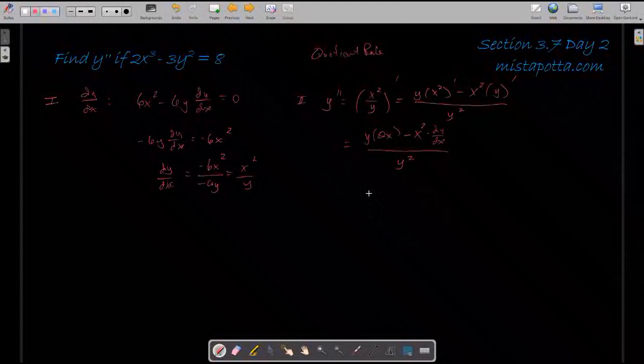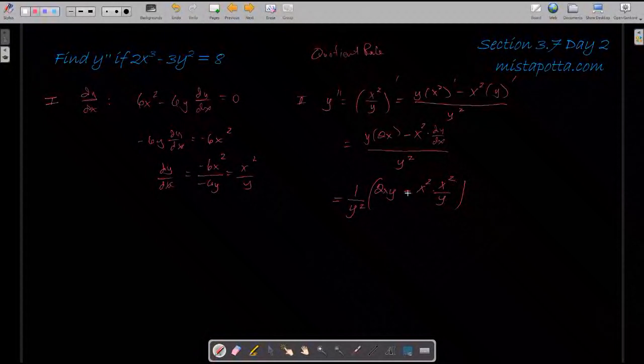And the other thing that I'm going to notice is because dy dx is equal to a fraction, I'm going to have a fraction within a fraction. And so it's often going to be easier to write this as 1 over y squared, which is my denominator here, times this expression. So I'm going to have 2xy minus x squared times dy dx, which is x squared over y.